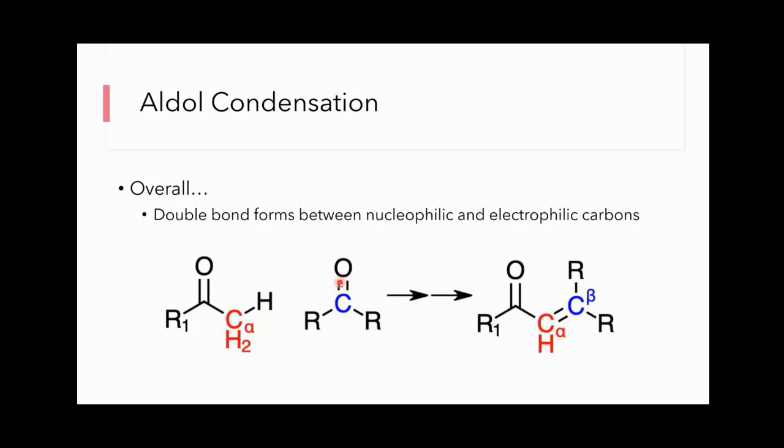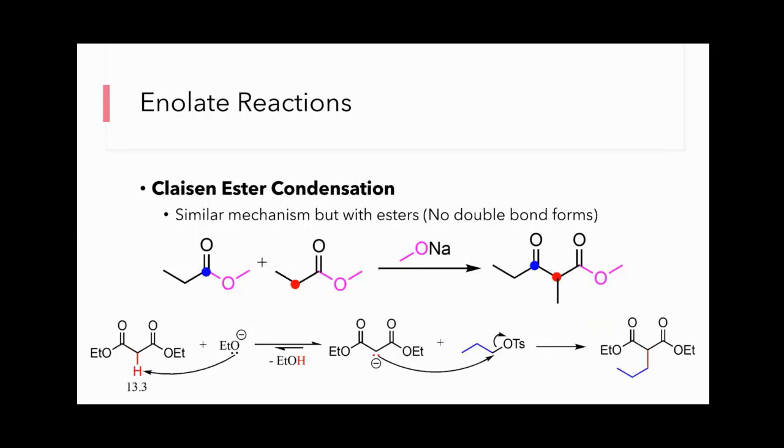So you still maintain that double bond when you think about it. You just remove this oxygen and put it on the side where the alpha hydrogen was.